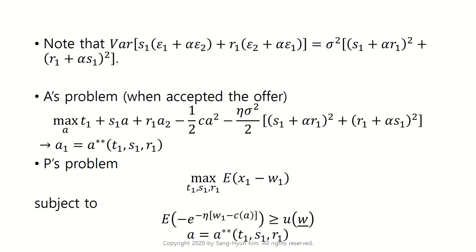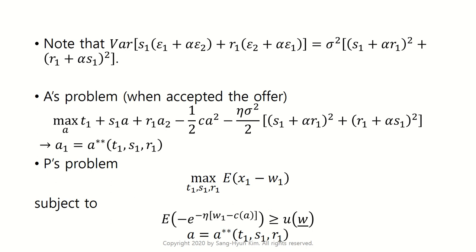So even if you use this relative performance evaluation, the optimal effort only depends on the marginal payment S. So it doesn't depend on T nor R. So that's the optimal effort. And the principal's problem can be written like this.